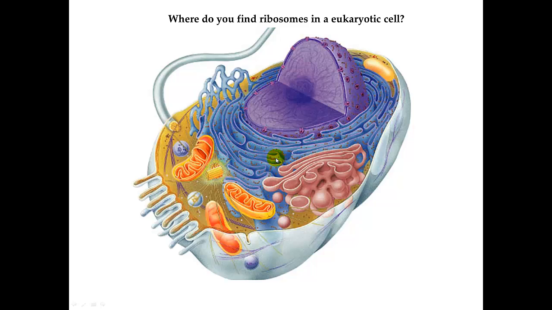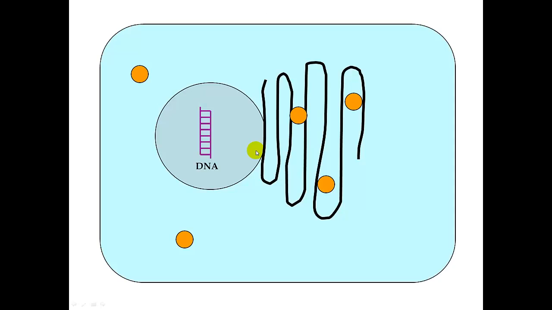Whenever you consider rough endoplasmic reticulum, what makes it rough is that it has ribosomes attached to it. Ribosomes, though, are also found out here just free-floating in the cytoplasm. One of the differences between the ribosomes out here in the cytoplasm and those stuck to the endoplasmic reticulum is the type of protein that they end up producing. So here's what I mean by that.